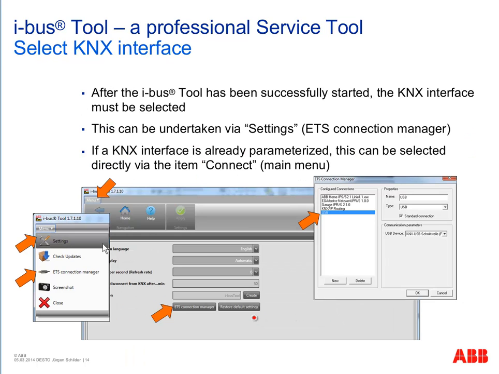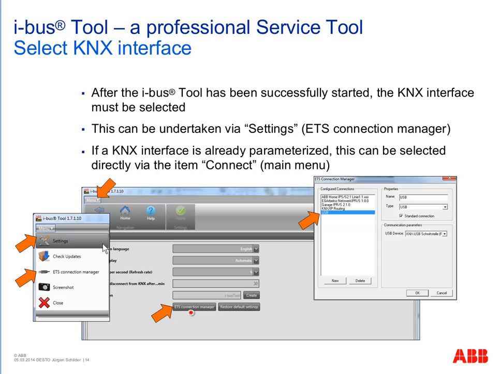To set the KNX interface, you can click on this button, the ETS Connection Manager, or you go via the menu Settings and then press the button ETS Connection Manager.